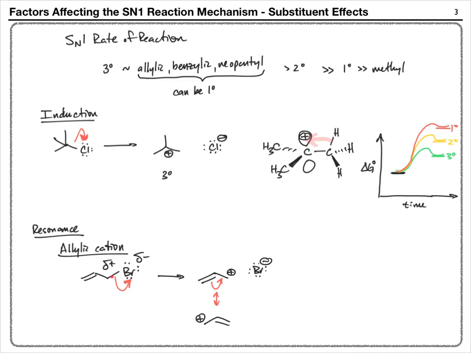The arrow starts where there's electron density, and it's pointing towards something that can accept those electrons. So this double-headed arrow means the movement of those two electrons. As you see here, now it's in a pi bond. Those are migrating over. The terminal carbons are electron deficient. So this is a primary substrate, but it can undergo SN1 because it's stabilized through resonance.